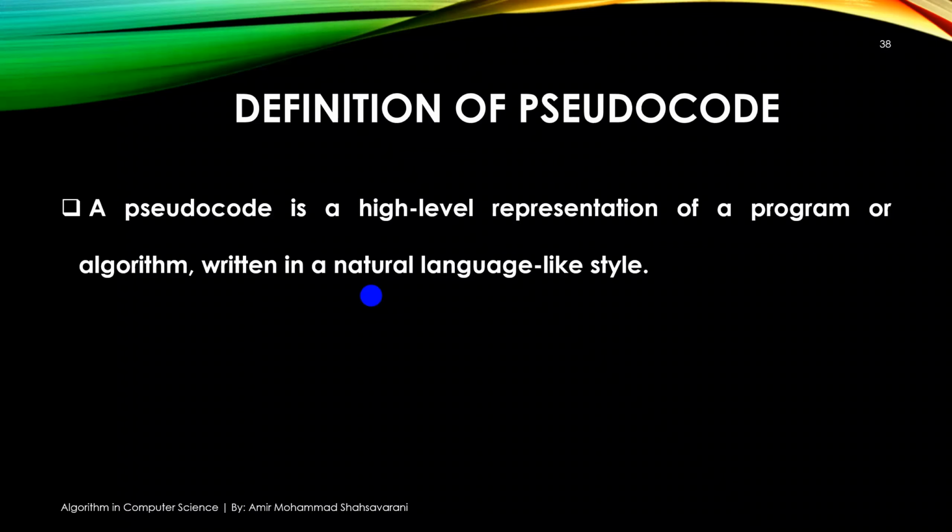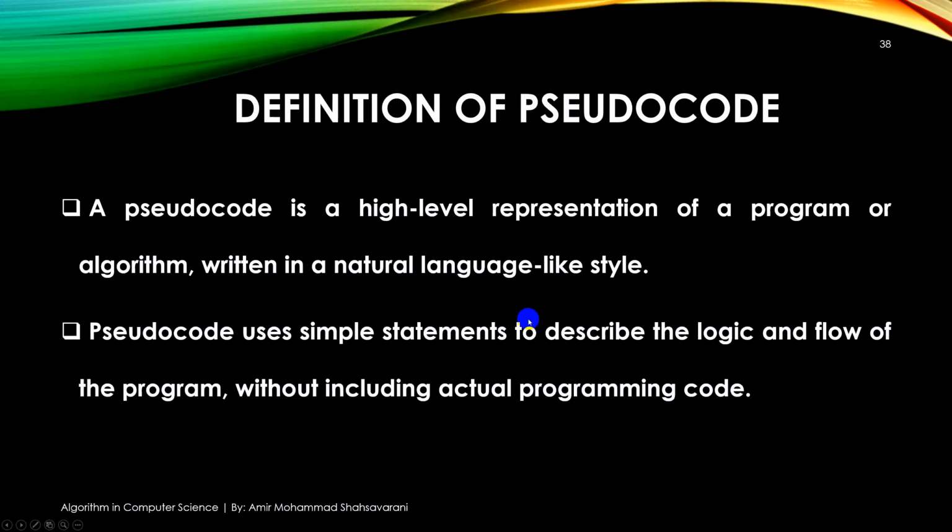Pseudocodes are mostly often used as an intermediate step between the initial idea and the actual implementation of the code. So, better saying, a pseudocode is a high-level representation of a program or algorithm written in a natural language-like style, and pseudocode uses simple statements to describe the logic and flow of the program without including actual programming codes.